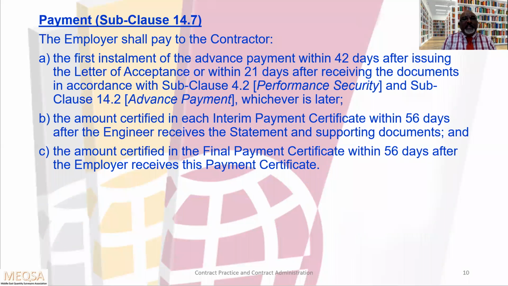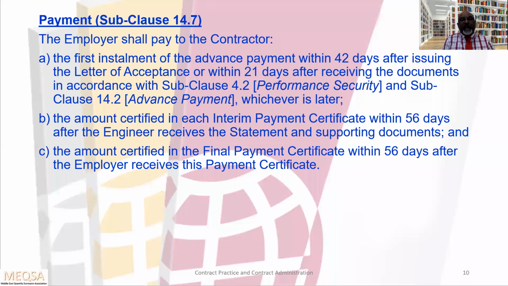The next one, payment, subclause 14.7. The employer shall pay to the contractor the first installment of the advance payment within 42 days after issuing the letter of acceptance, or within 21 days after receiving the documents in accordance with subclause 4.2 performance security and subclause 14.2 advance payment, whichever is later.